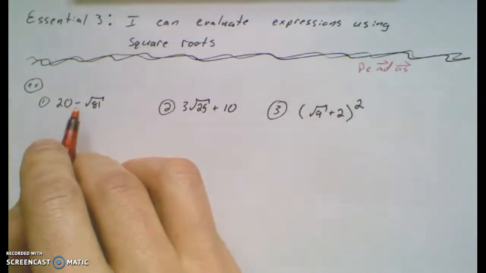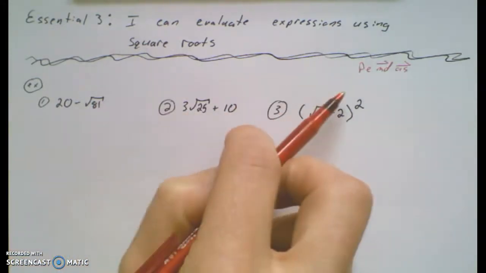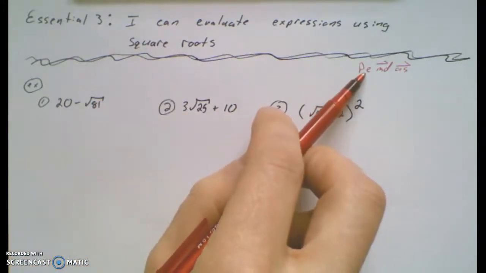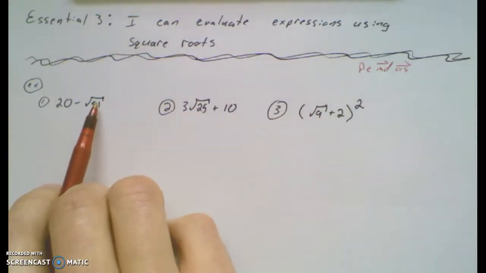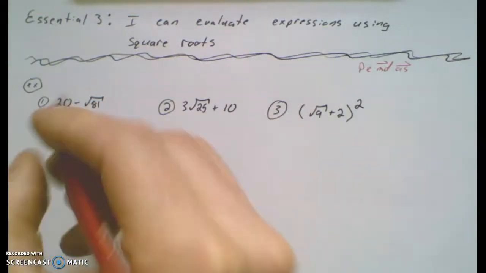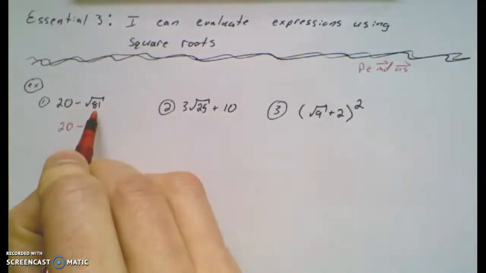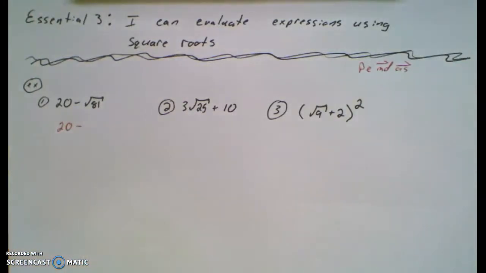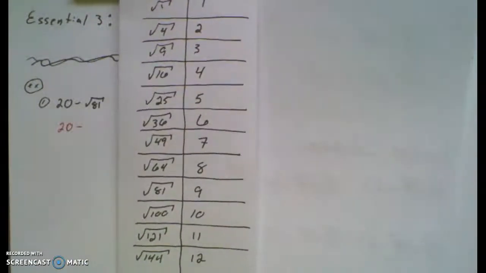You can see it's going to be 20 minus the square root of 81. There's no parentheses, so the next thing to look at are exponents. Remember we said square roots are at the exponent level, so that's what I'm going to do first. So I'm going to take 20 minus, and then the square root of 81. You should have your cheat sheet that you've created to find it. Some of us might already be able to do the square root of 81 without it.